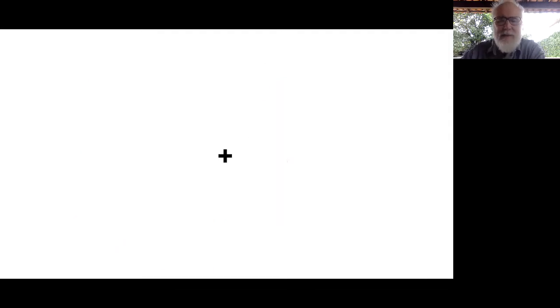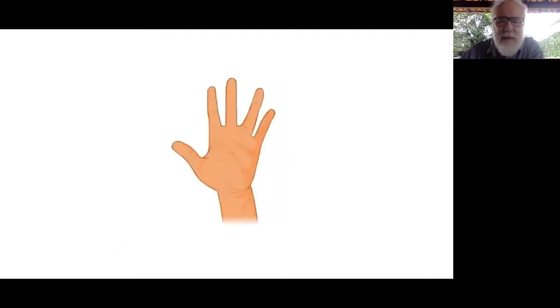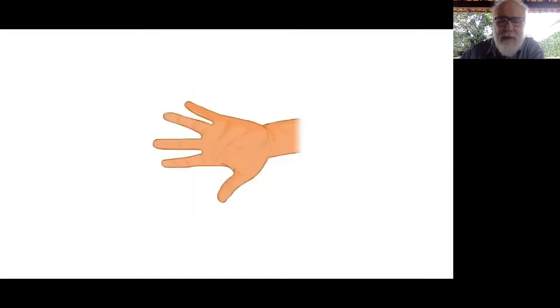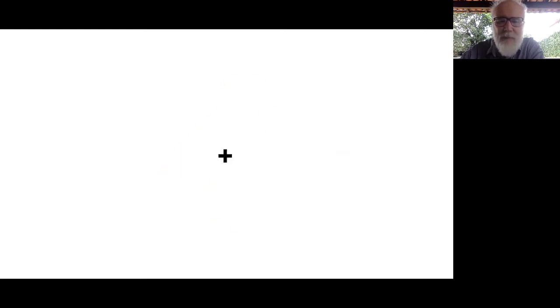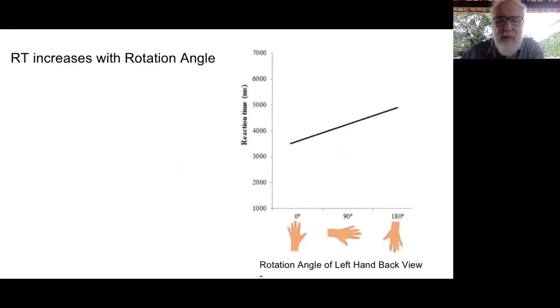First, there appears a fixation cross. Then there come the views of the hand at different rotation angles. The assumption that motor imagery is involved in this hand laterality judgment test comes from two main effects.